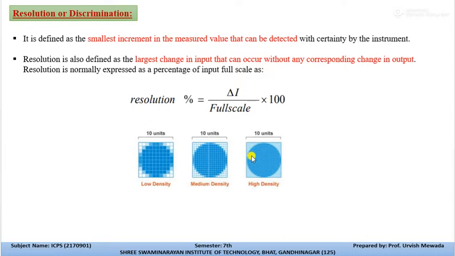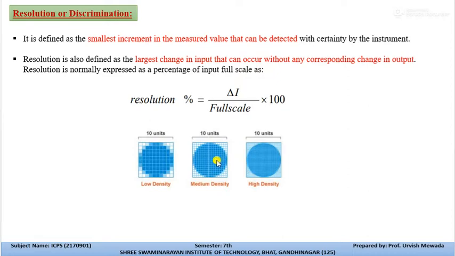So this is what resolution is. It is defined as the smallest increment in the measured value that can be detected. That means for a minimum input your instrument or system will respond. That is the resolution or discrimination of your instrument.